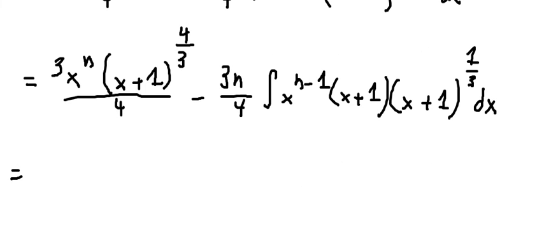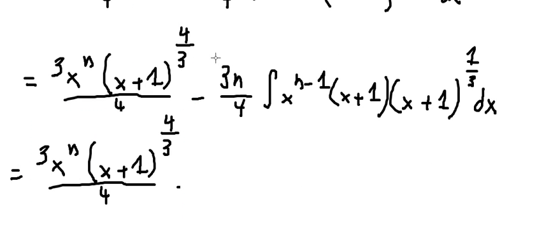Next, so we have s to the power of n minus 1 and s plus 1 to the power of 1 over 3 multiplied by s and 1 in here.